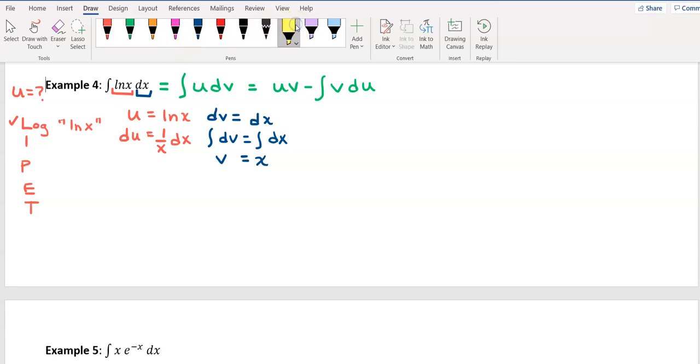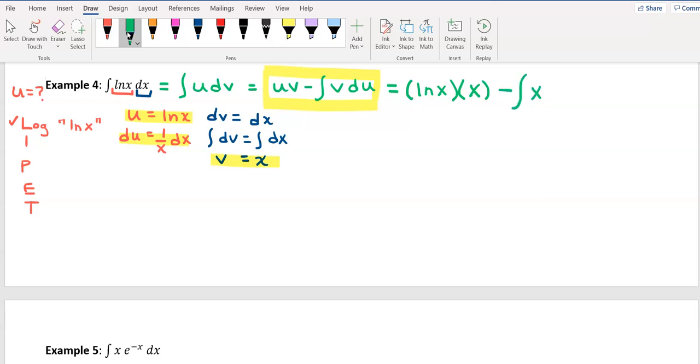So now that we have all of the pieces that we need for this formula part of things, we can plug it into the integration by parts formula. So we have our u, which is the ln of x, times v, which is x, minus the integral of v, which is x, times du, which is 1 over x dx.